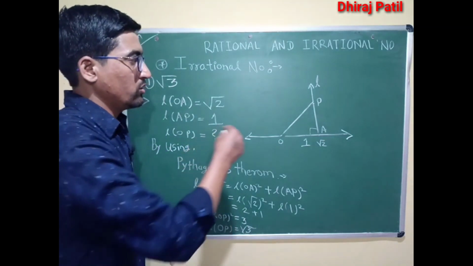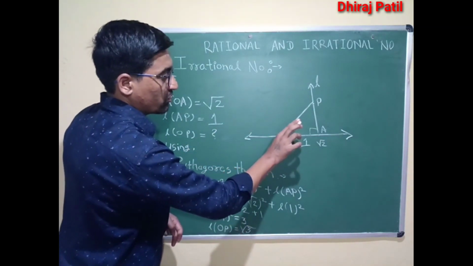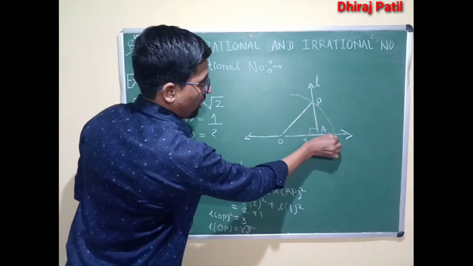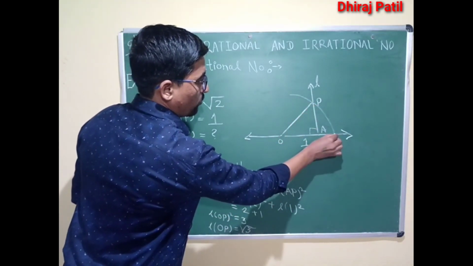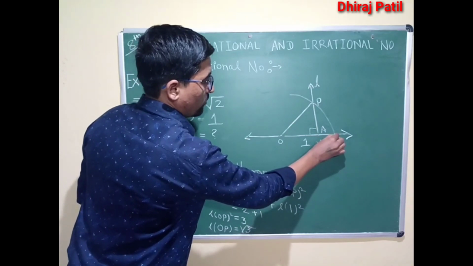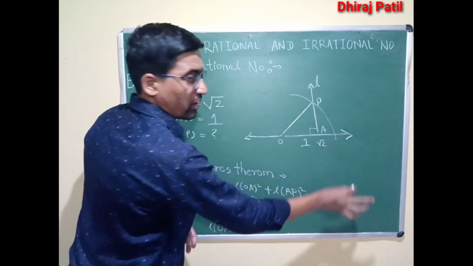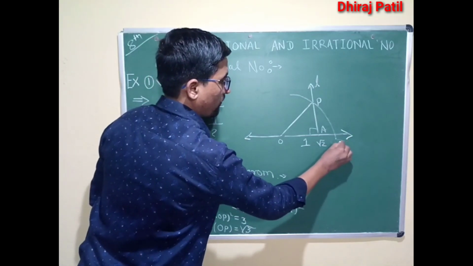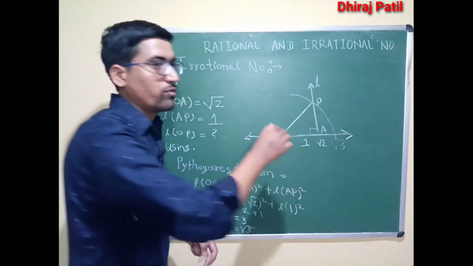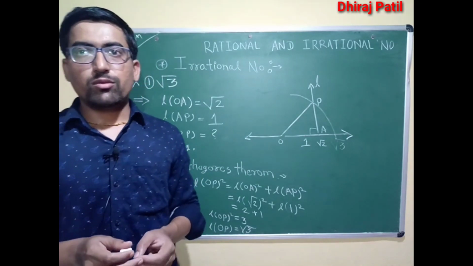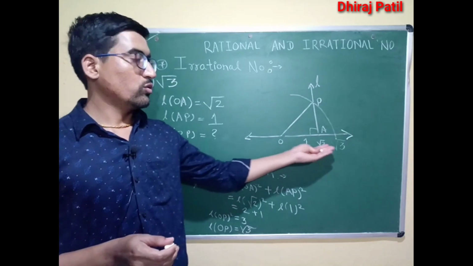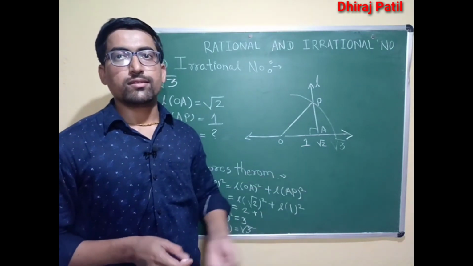So we take the compass point on O and mark an arc. The point where it meets the number line is nothing but our root 3. So friends, in this way we showed on the number line how root 2 is obtained and how root 3 is obtained. Thank you.